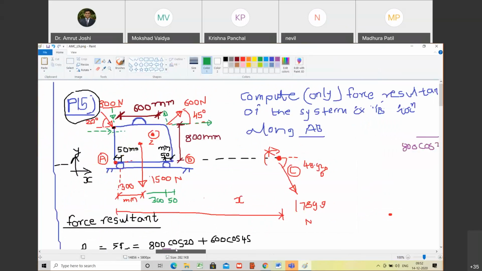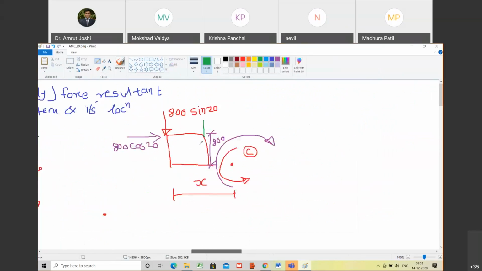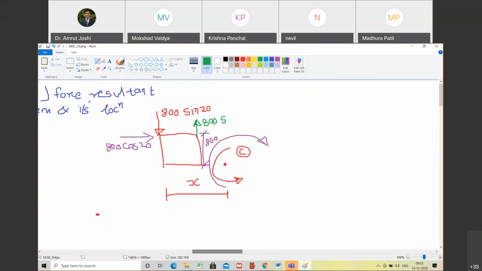And what is its direction? Upward or downward? Sir, upward. Great. So this is going to be 800 sin 45. No, not 800. कितना है वो? 600. I'm sorry. 600 sin 45. Agreed? Yes, sir.